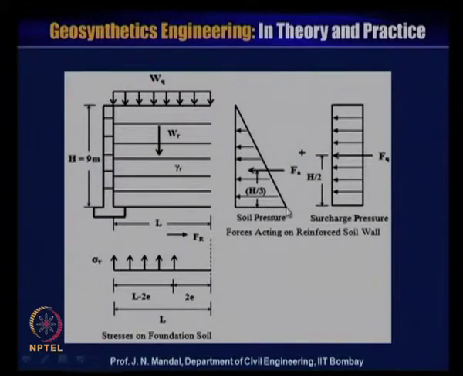Due to the surcharge load, you can see this surcharge pressure is uniformly distributed, and this force is F of Q, which acts at the middle height of the reinforced soil wall, that means h by 2, where h is the height of the reinforcement.